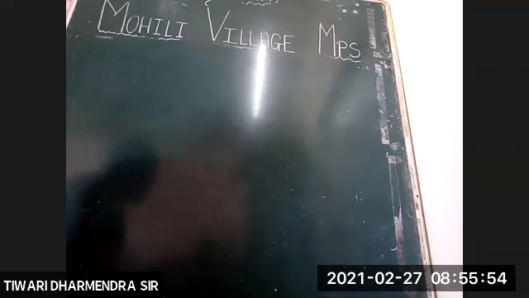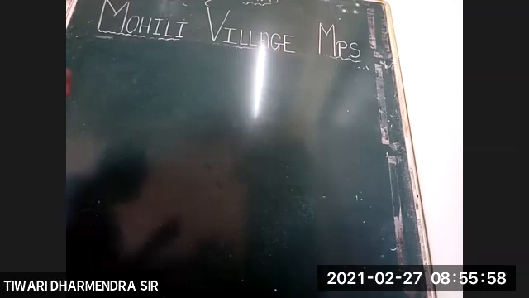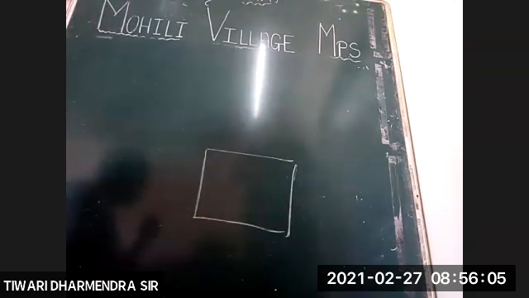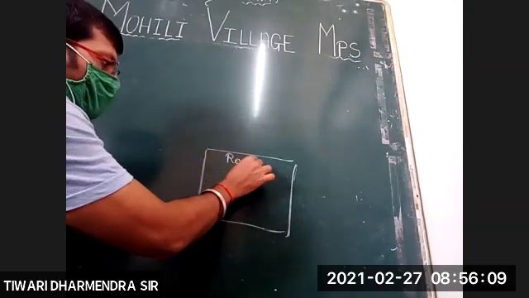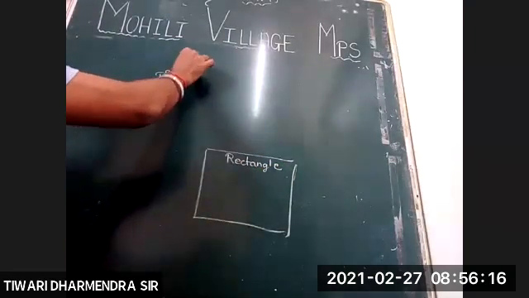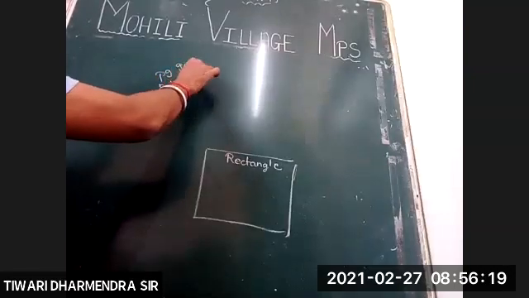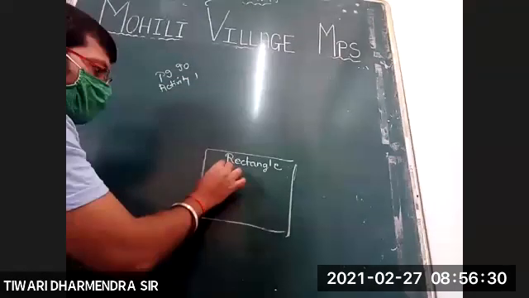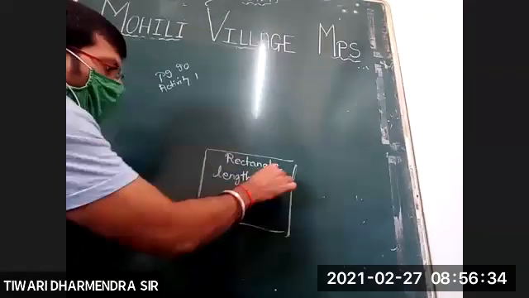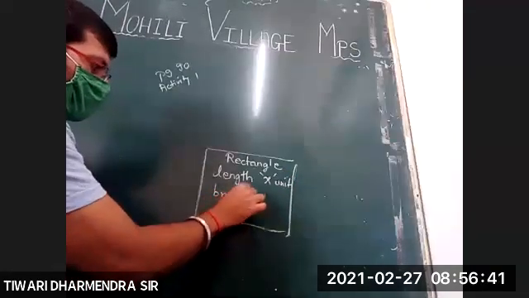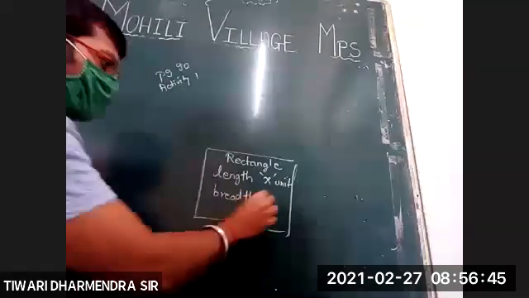In Activity 1, they have given us a rectangle whose length is x units and breadth is y units.